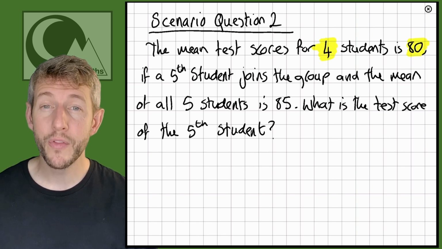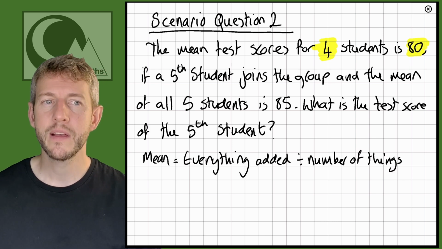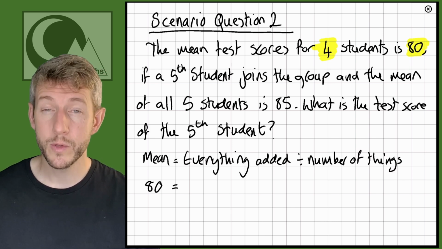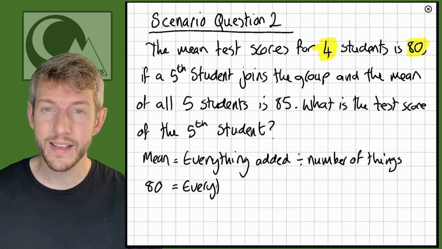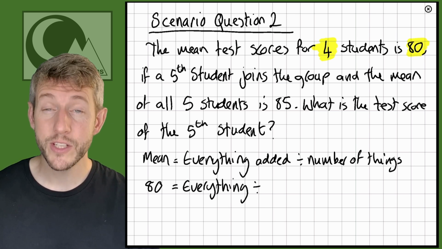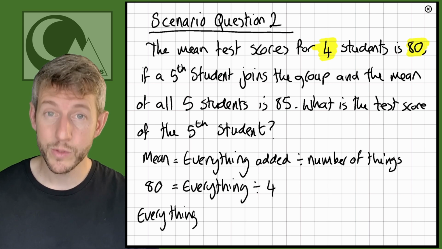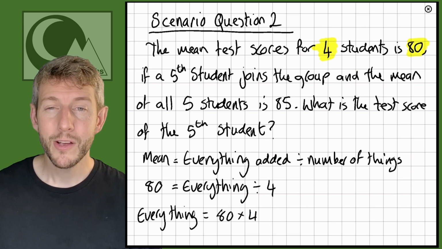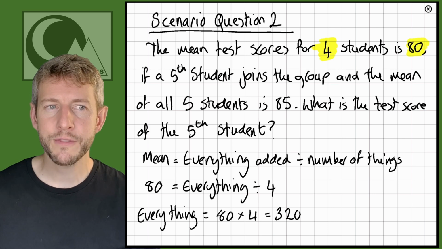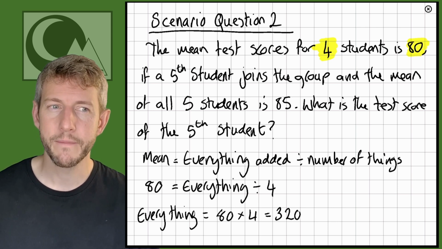So remember, the mean equals everything added together divided by the number of things. So 80 equals everything added together, so total test score, divided by 4. Then we can do our reverse calculation. So 80 times 4 equals 320. So that tells us that those first 4 students had a total test score of 320.